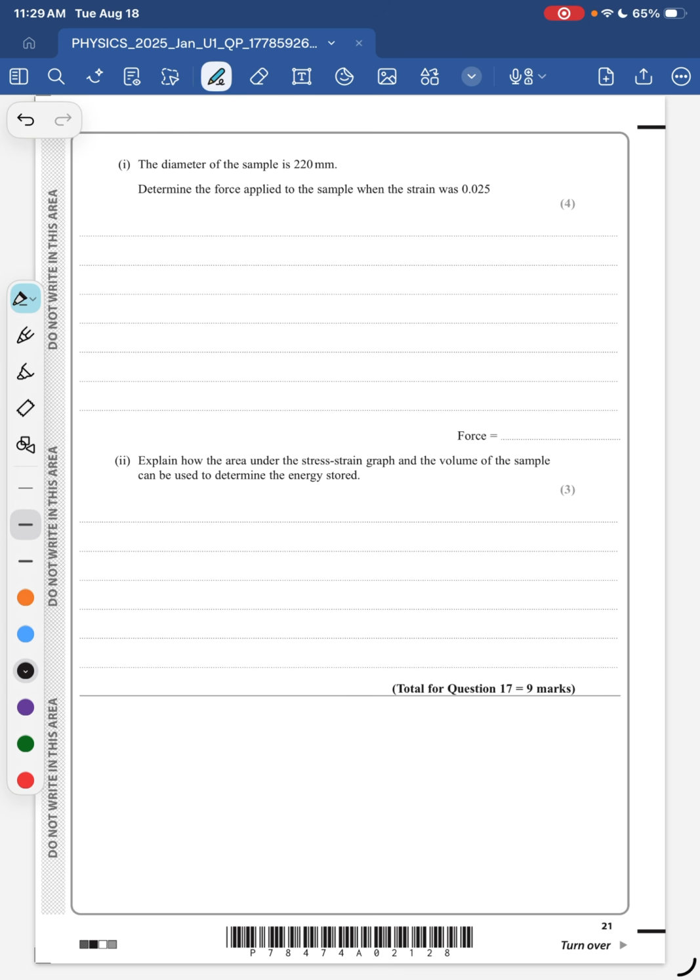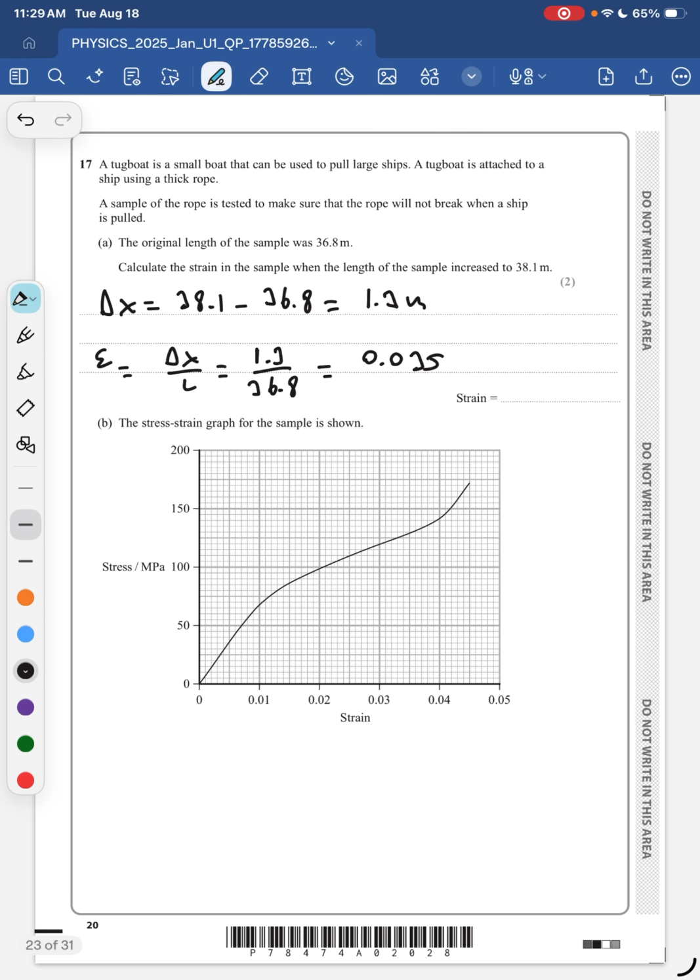Question I, the diameter of the sample is 220 millimeters. Determine the force applied to the sample when the strain was 0.025. Okay, so let me think. So 0.025 is this point over here.